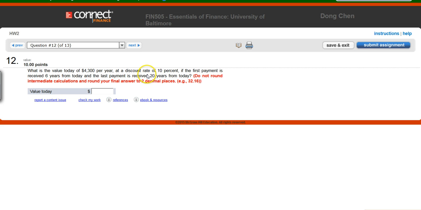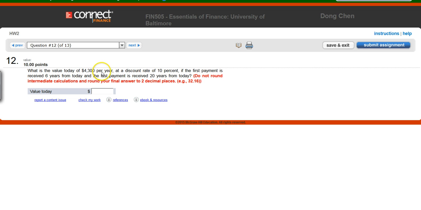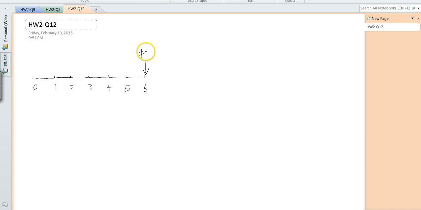So the setup says starting from year 6, right? If the first payment is received 6 years from today. So starting from year 6, you will receive a constant payment because it's annuity. So the payment amount is 4,300.